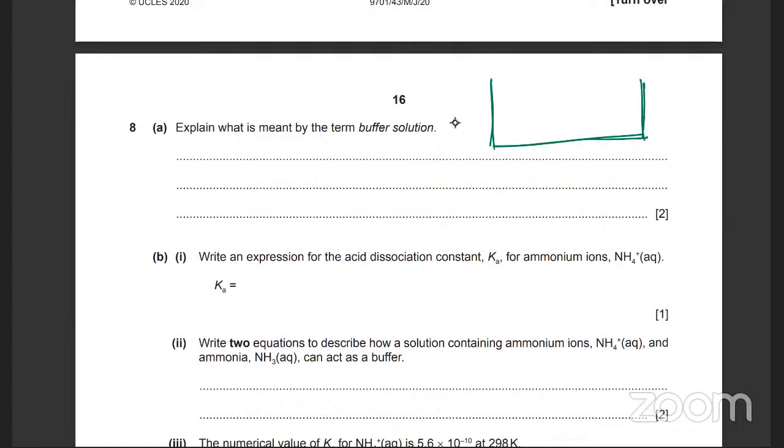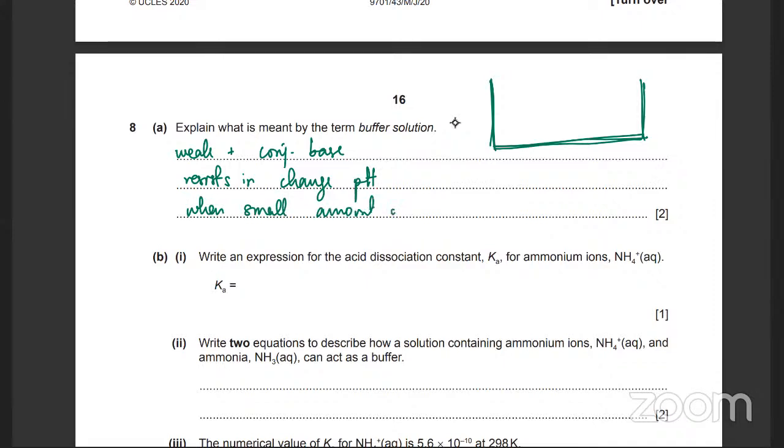So the definition is that it is a solution that is formed between a weak acid and its conjugate base, and it resists a change in pH when a small amount of acid or alkali is added. But only a small amount.